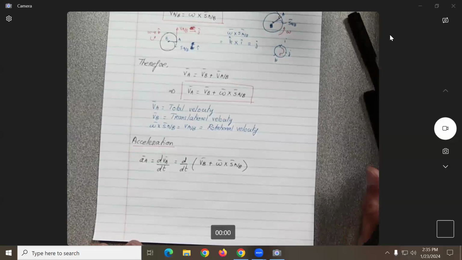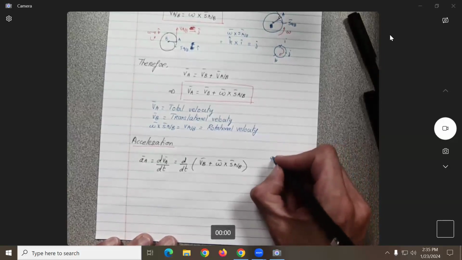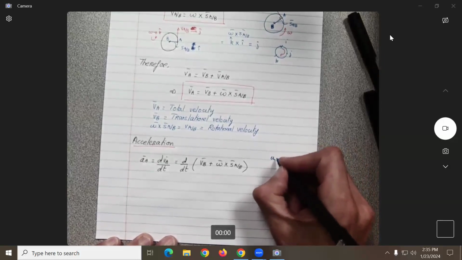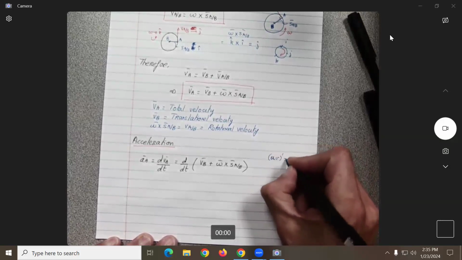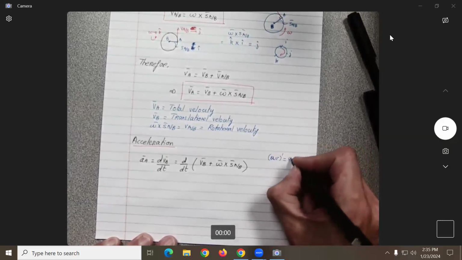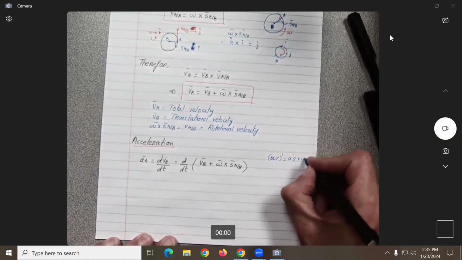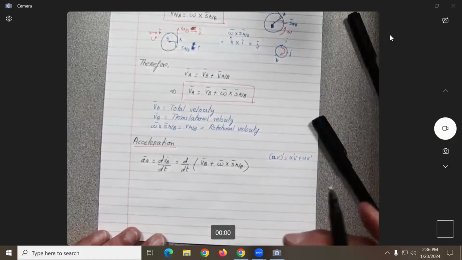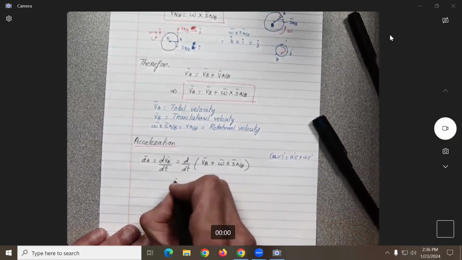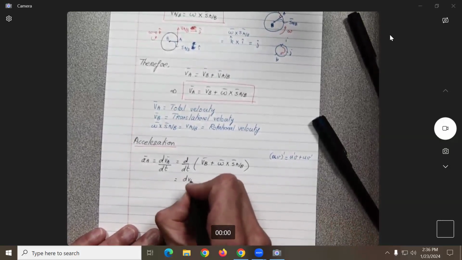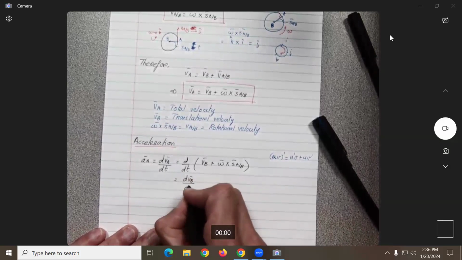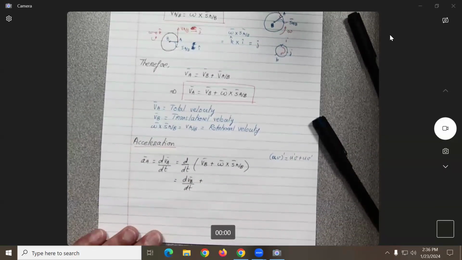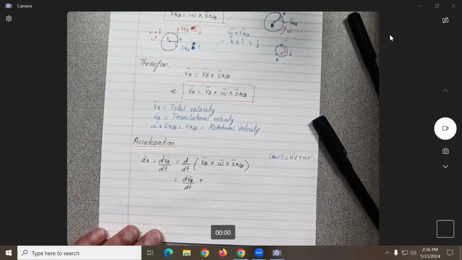Now, the other thing is that if we do the derivative of, let's say instead of A, UV, the derivative would be equal to what? U prime V plus UV prime in mathematics, no? Okay, so let's use that concept over here. So over here, if I do this derivative, what are we going to get? dVB/dt plus what?